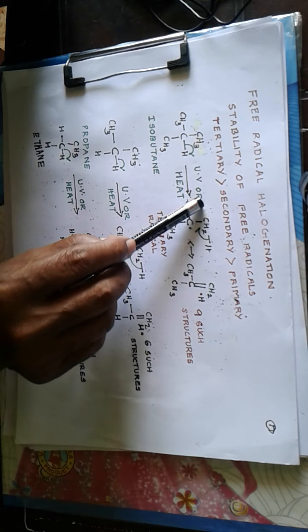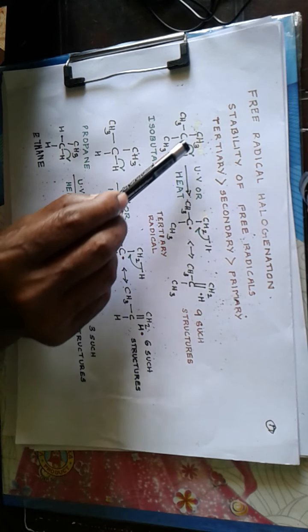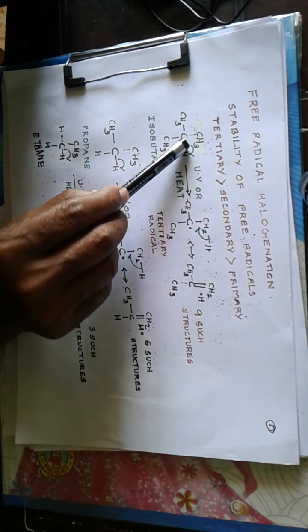Then in presence of UV light or heat, the CH bond undergoes homolytic cleavage, and that is shown by a curved arrow, but the arrow has only one head.